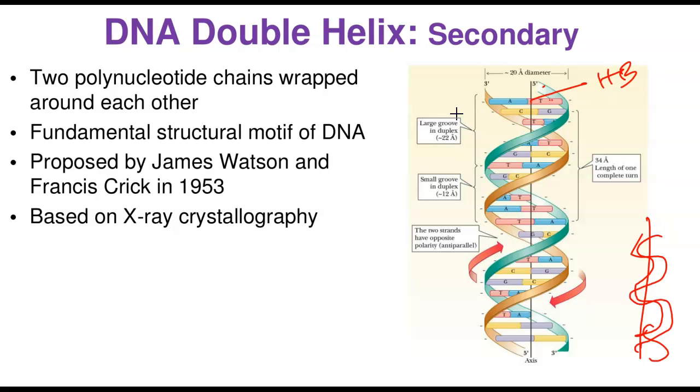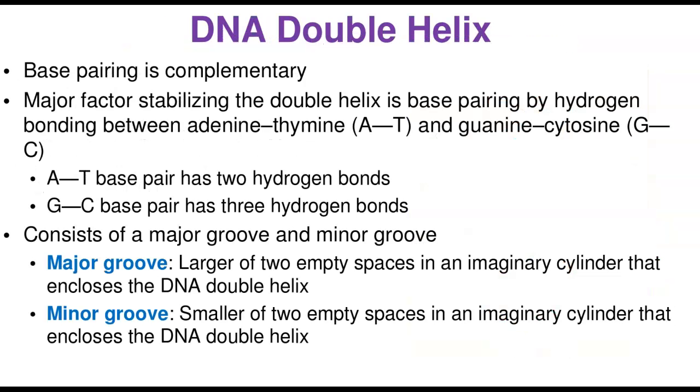This particular structure was proposed by James Watson and Francis Crick in 1953. That's what we call the Watson and Crick structure of the DNA, and that gave them a Nobel Prize. They discovered this structure of DNA using X-ray crystallography.